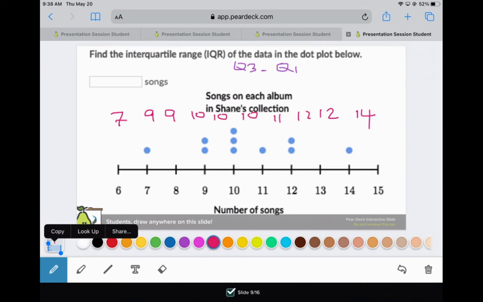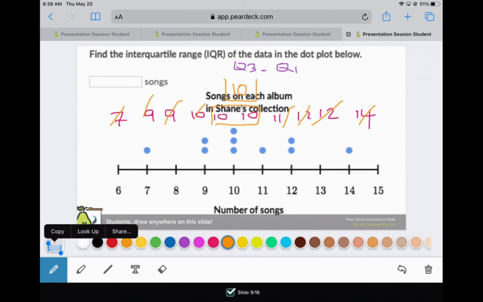So they gave you a dot plot instead of a list, which is okay. We know how to read the plot, so we should be able to list them out. Step number 1, I need to find the median. So I cross these out. In the middle, I have 10. I have 2 10s, so if I combine them, 10 plus 10 divided by 2, it's still 10.